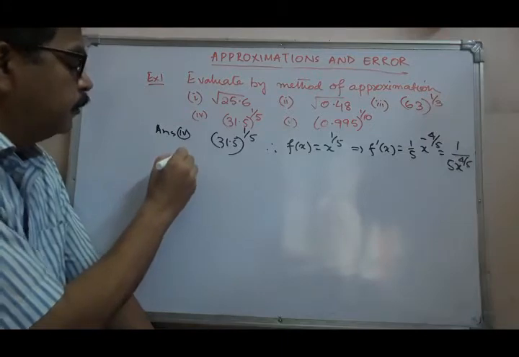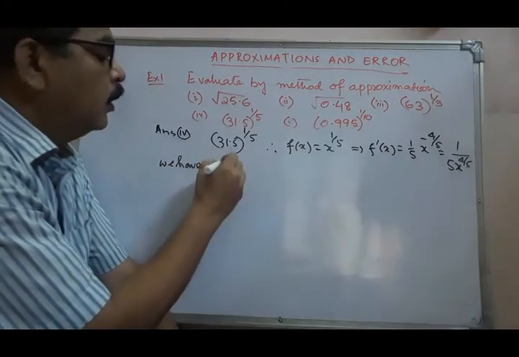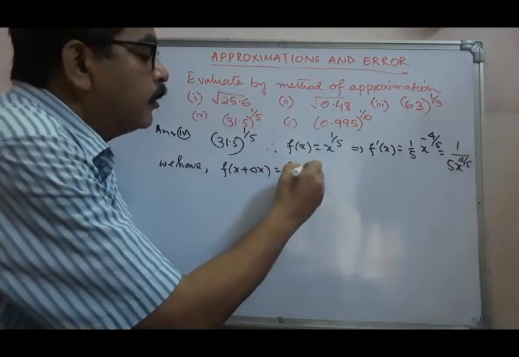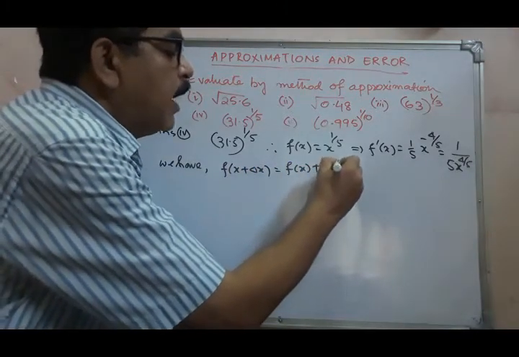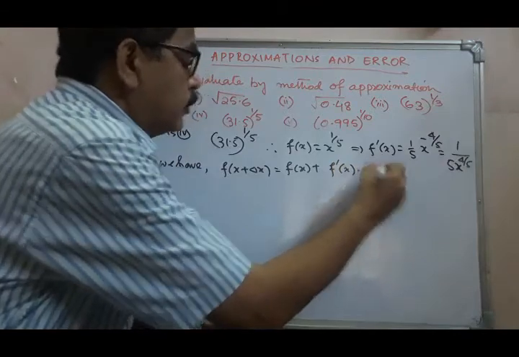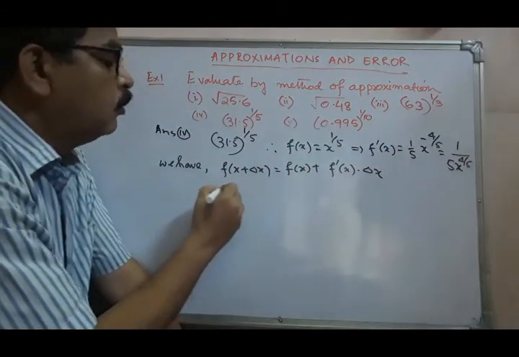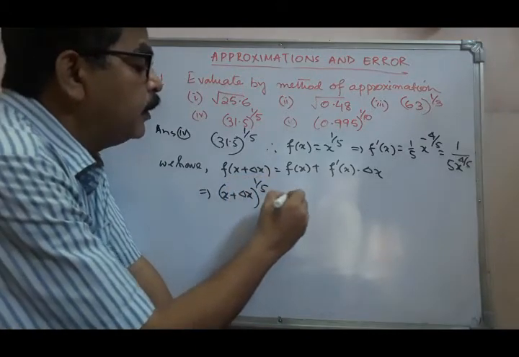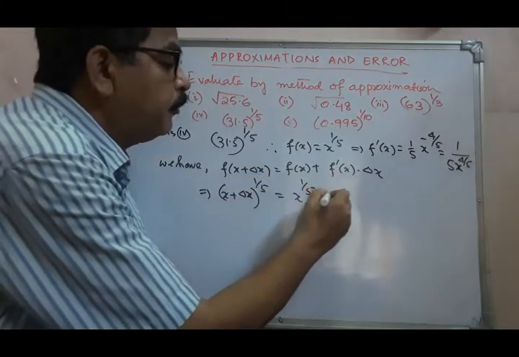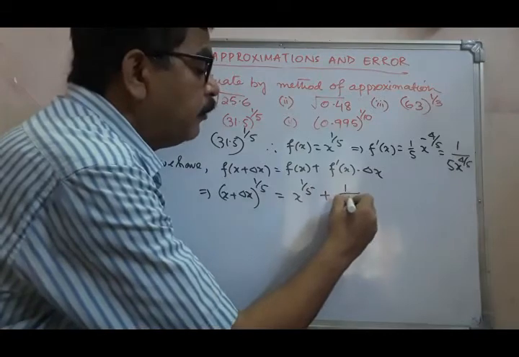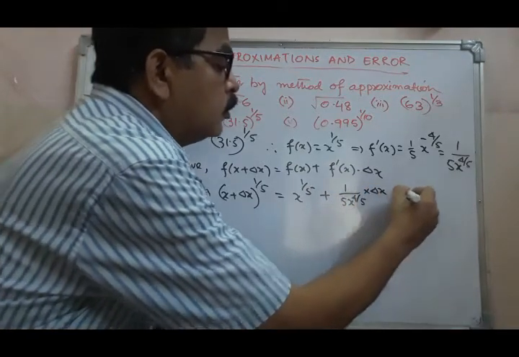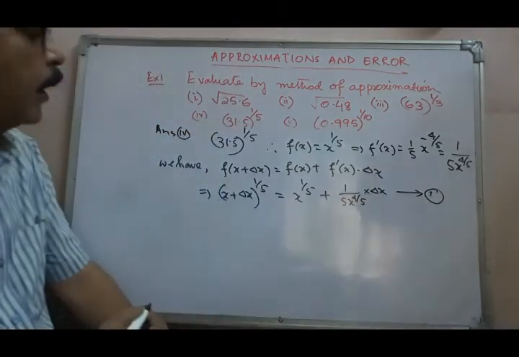We have f(x plus delta x) equal to f(x) plus f dash x into delta x. That is, (x plus delta x) whole to the power 1 by 5 equal to x to the power 1 by 5 plus 1 by 5x^(4/5) into delta x. This we mark as 1.